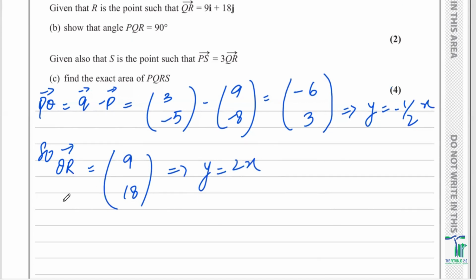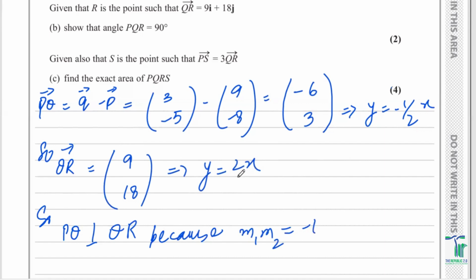So we can easily see that PQ is perpendicular to QR because the product of their gradients is equal to negative 1. You can see that 2 and minus 1 by 2. So angle PQR is 90 degrees, right?